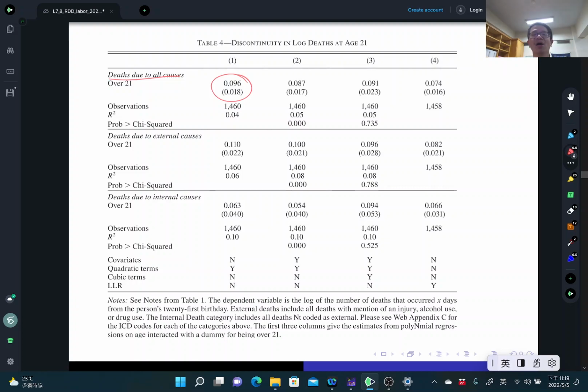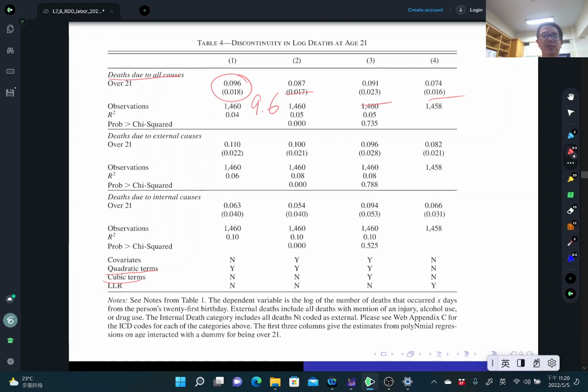That means above the 21st birthday, the mortality rate increases by around 9.6 percentage points, so it's quite large. They use different functional forms, either quadratic or cubic, and they give very similar results.